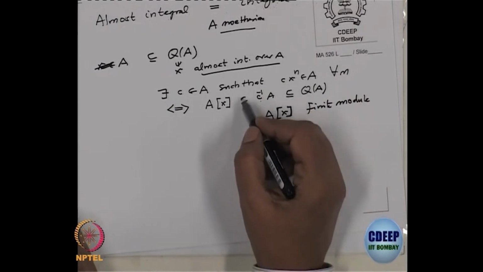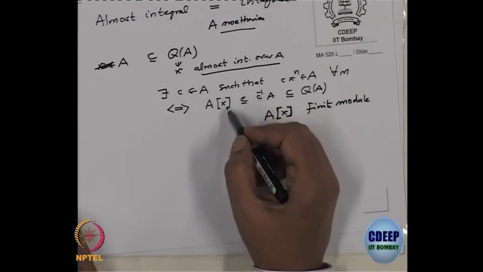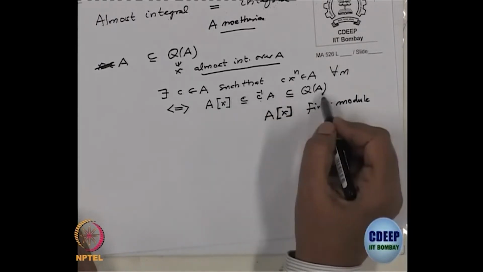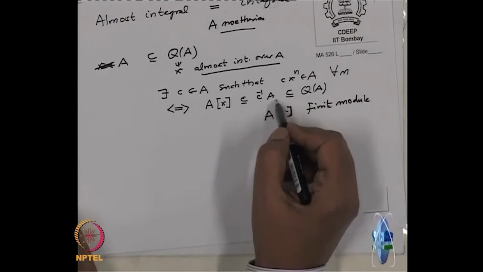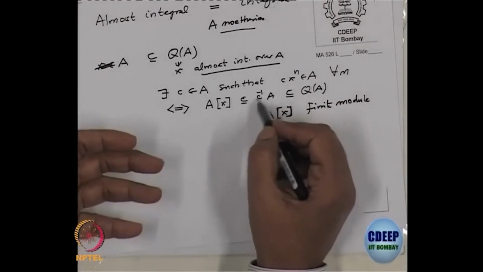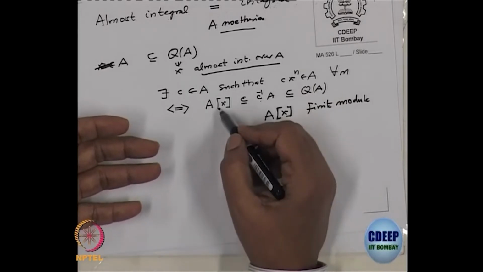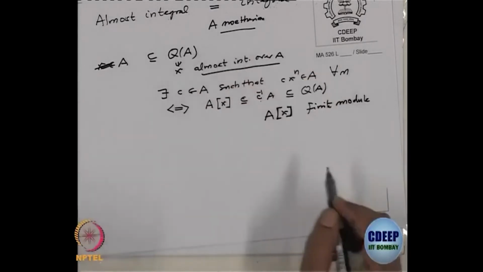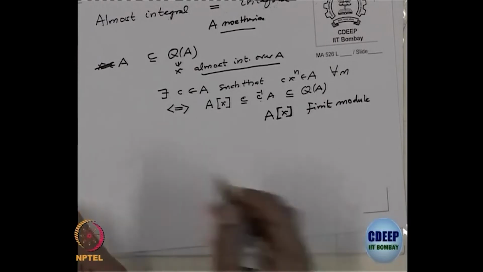This condition is obviously this containment, and if everything is Noetherian, it is a Noetherian module, and therefore this will be Noetherian. So both these conditions in case of Noetherian are equivalent.